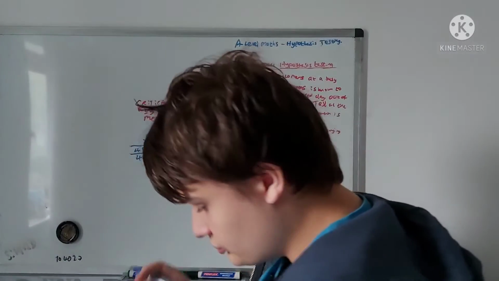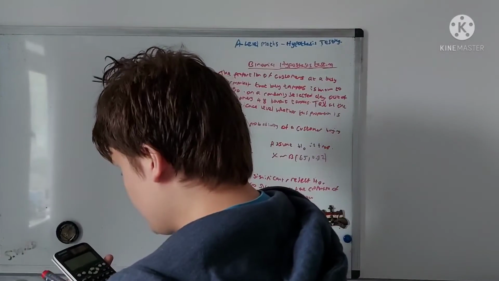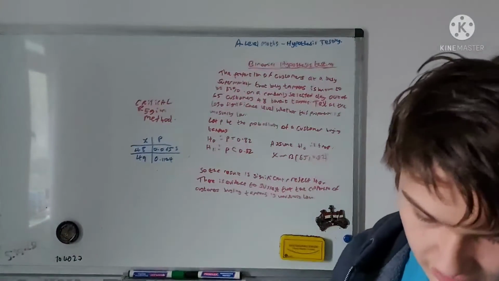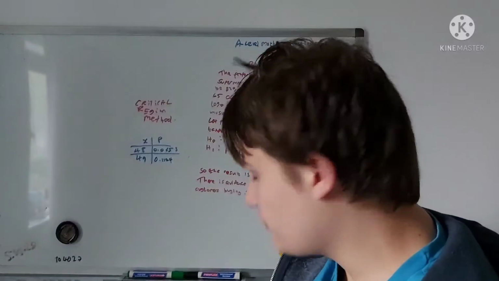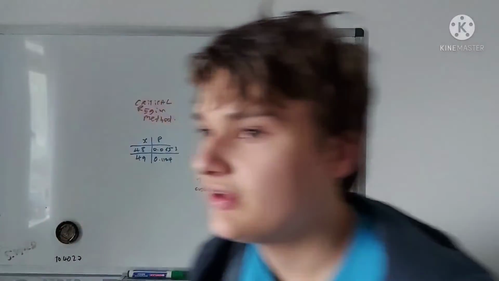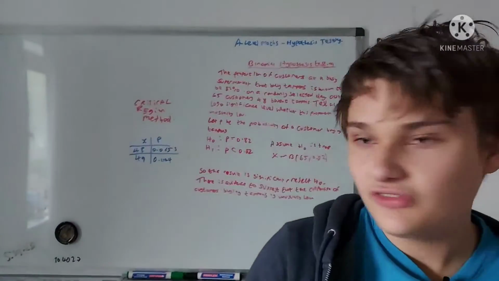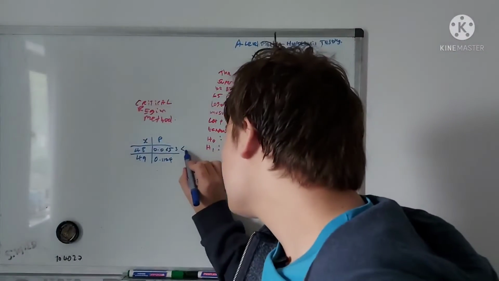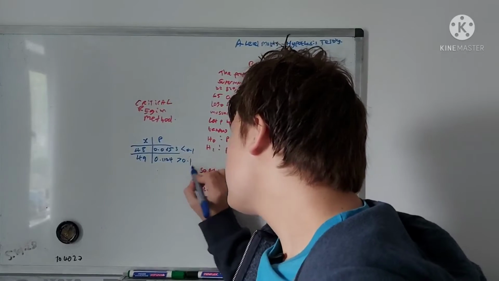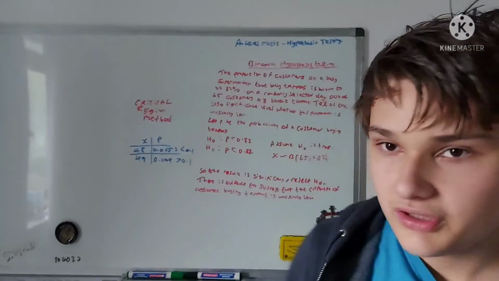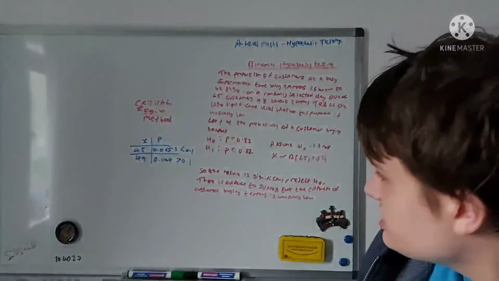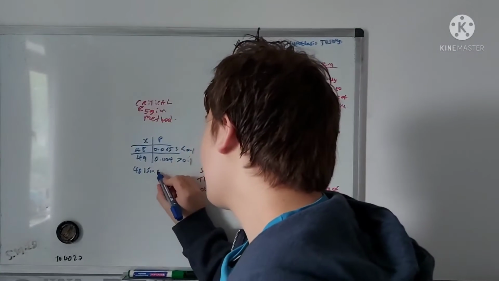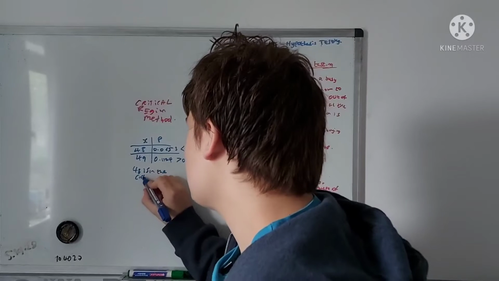And the other one was 0.0653. But the probability is therefore different. So this one, the 48, is actually less than the 0.1. This one is greater than the 0.1. Okay, so this is the critical region, and 48 is in the critical region.